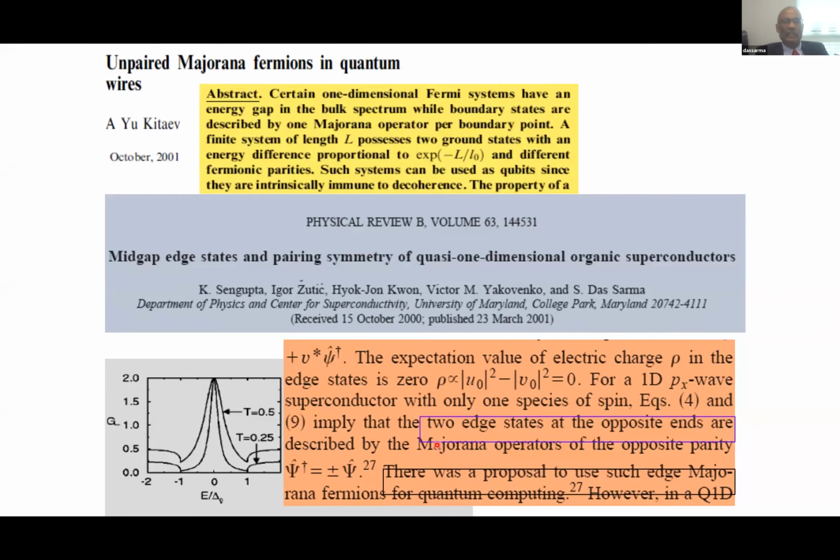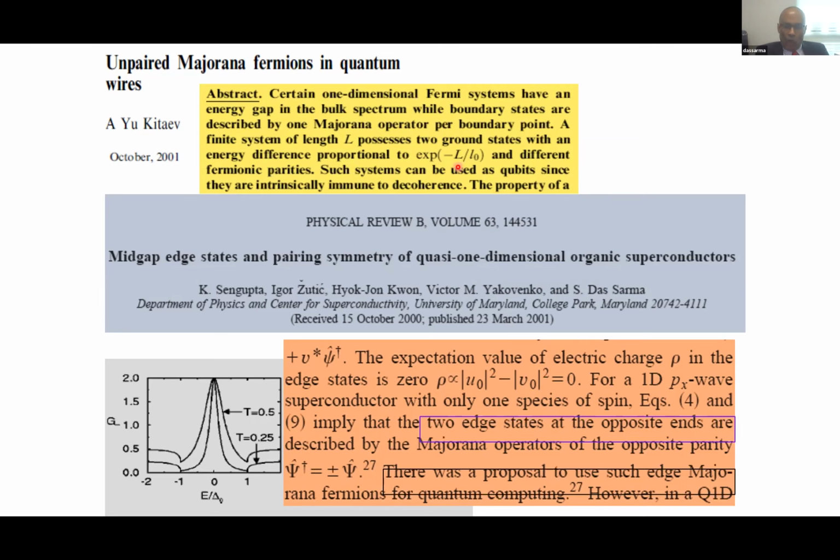And he basically had everything clear in his mind. He thought a lot. He thought for more than a year about a physical realization and could not come up with anything. So he wrote a really beautiful paper saying, suppose you have a one-dimensional wire made of a spinless p-wave superconductor. Then there will be Majorana modes at the two ends, and if they're well separated, their energy separation will be exponentially small, and this will be an anyon, and you can do topological quantum computation.